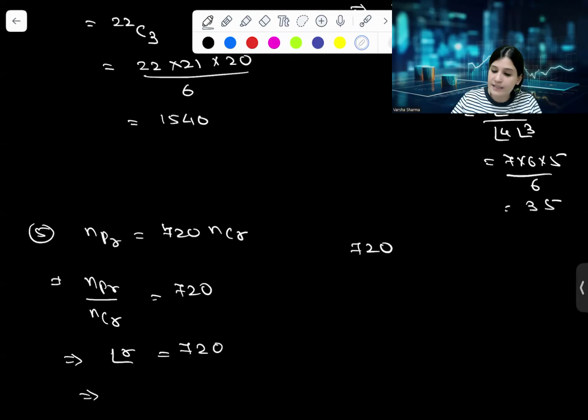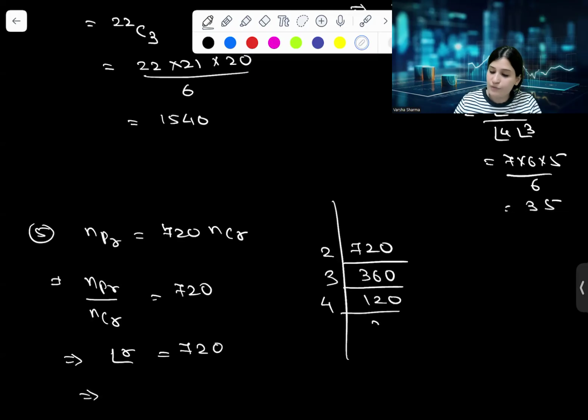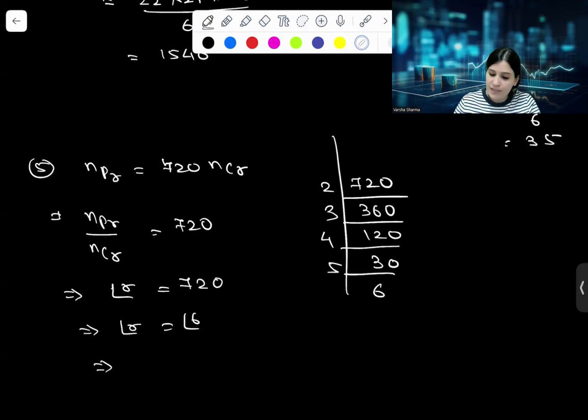In order to express it as a factorial, we divide it by 2, then by 3, then by 4, then by 5. So it is 6 into 5 into 4 into 3 into 2, 1 we can always write. So this is factorial 6. So r will be 6.